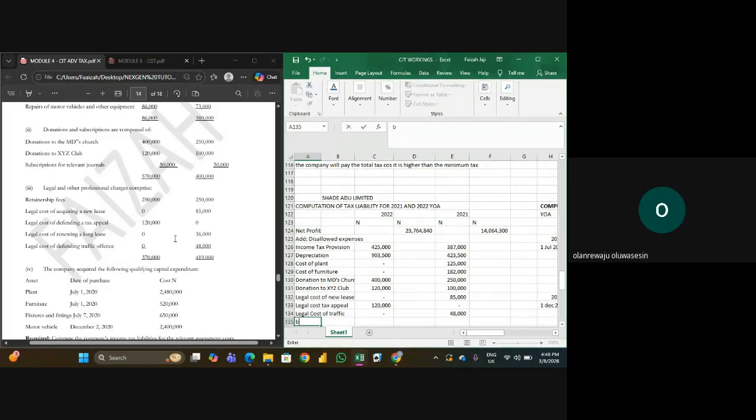But retainership. I was thinking this long lease is allowed. That's why I have to check it to be sure. Ma, I think the cost of a long lease is capital in nature, so it's a disallowable expense, because it is a long lease, right? The one that is allowed is the renewal of a short lease. It's the short one that is allowed.